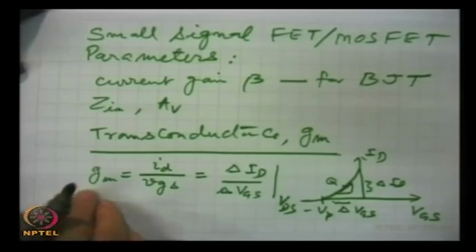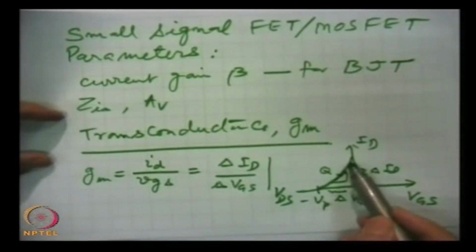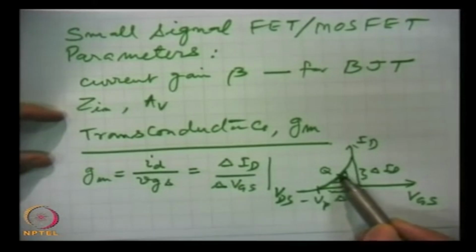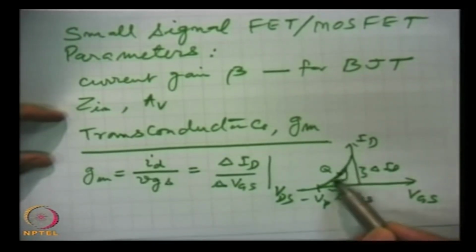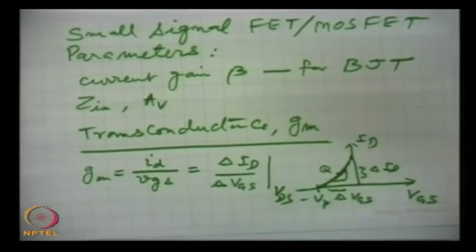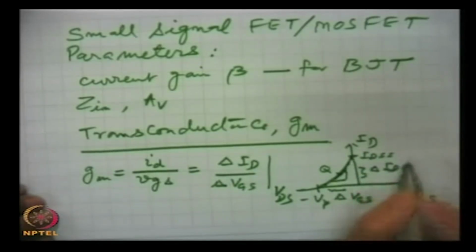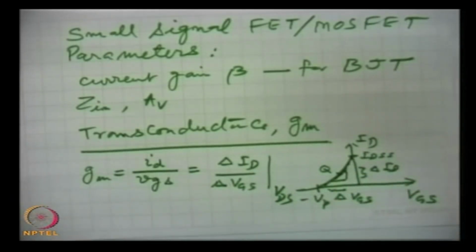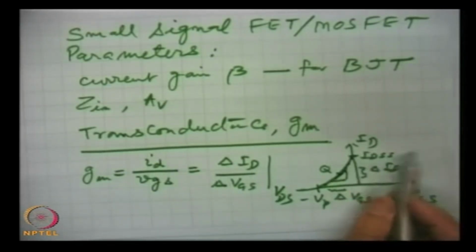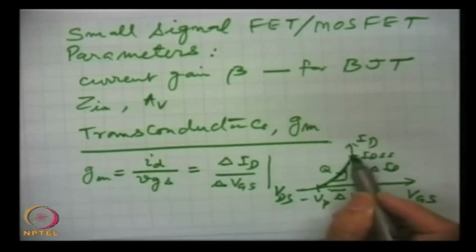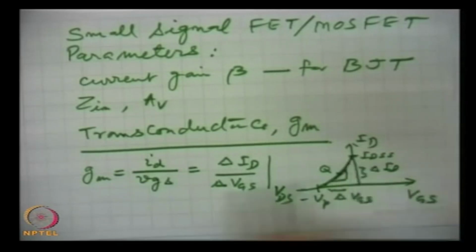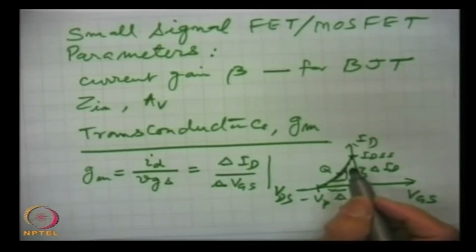Now, this is obvious that if we choose Q point here, here, here, here, then everywhere GM is changing, and GM is highest near this IDSS, the short circuit drain source current when gate is shorted to source. This is the highest value and the slope is highest here. So, here this GM will have the highest value.